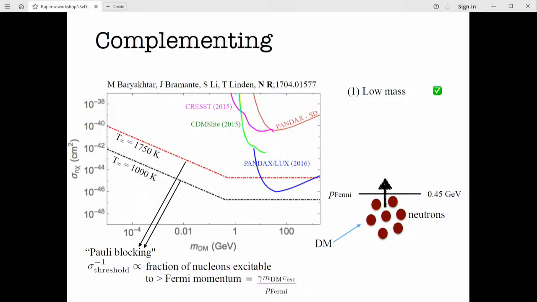Whereas in neutron stars, you don't really have that restriction. What you do have instead is Pauli blocking, because remember the neutron stars are Fermi degenerate objects. So the neutrons are in a Fermi sea, and so there's only a fraction of neutrons that you would excite with dark matter hitting it. So accounting for that fraction, you lose sensitivity as you go to masses below a GeV.